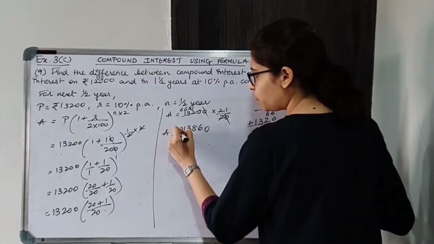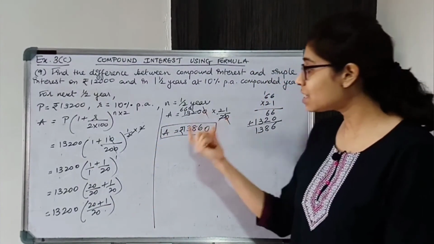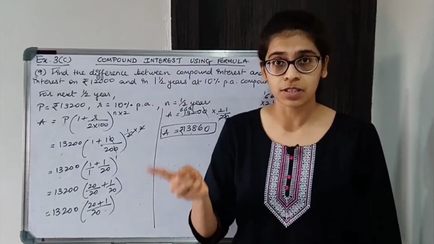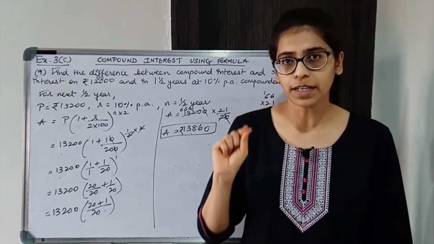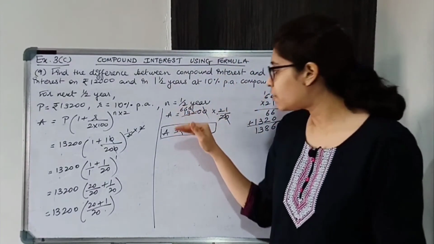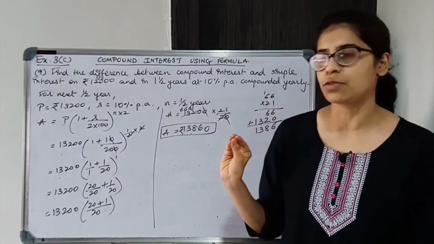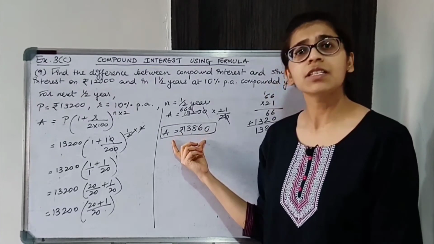So the amount is rupees 13,860. This is the amount after 1.5 years. We are finding the total amount. So we took the amount of 1 year as principal and found for the next half year. So we have found the entire amount in 1.5 years.